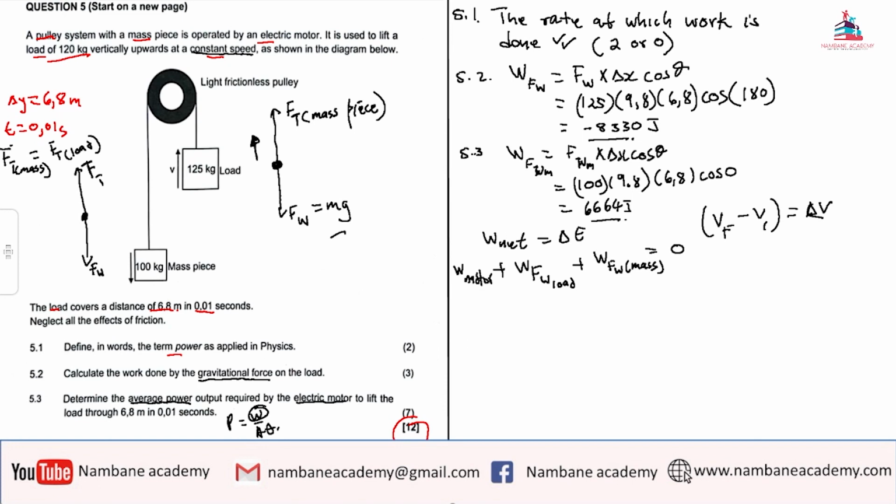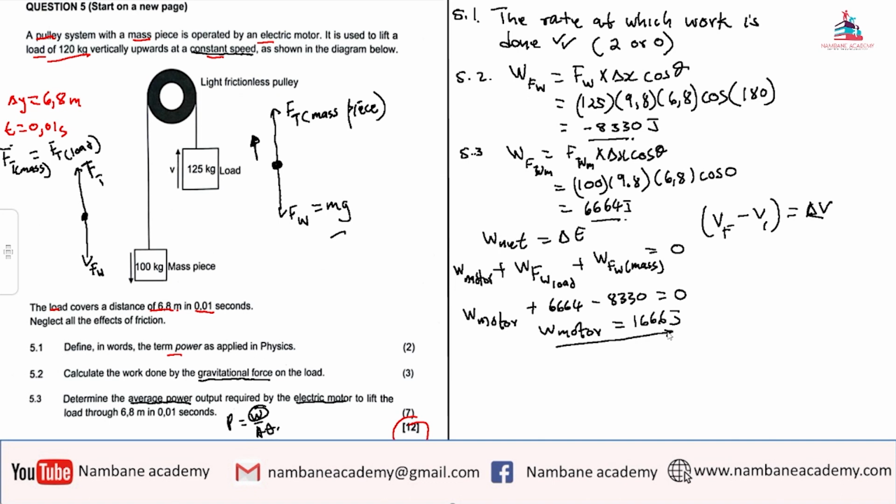Immediately thereafter, one can say work done by the motor plus 6664 minus 8330 is equal to 0, and then work done by the motor is equal to 1666 joules.